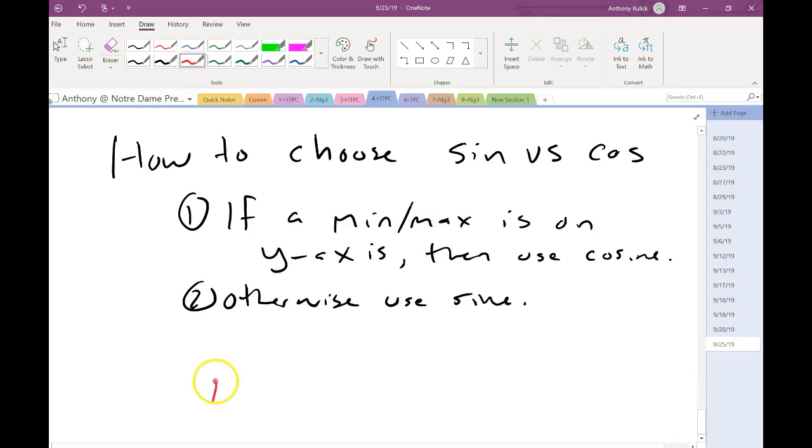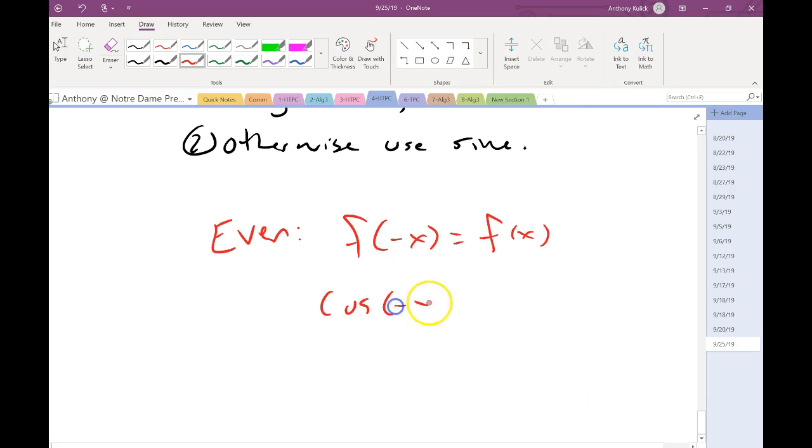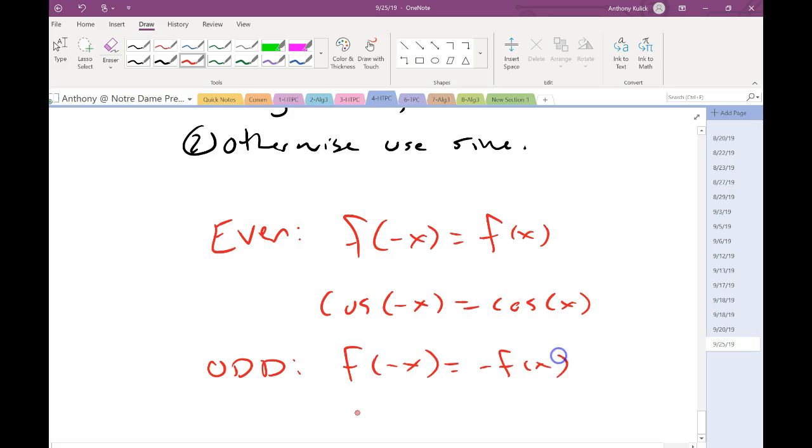Right? Remember, if cosine is even, that's true. So I wouldn't ever see a reflection across the y-axis for cosine. And similarly, I remember for odds, this is true.